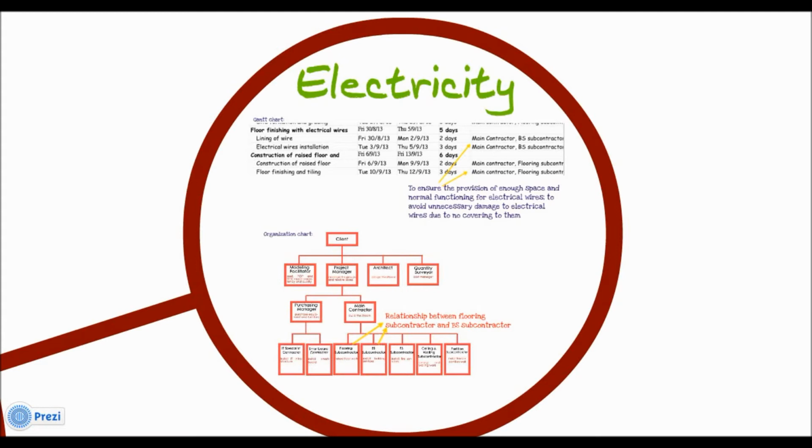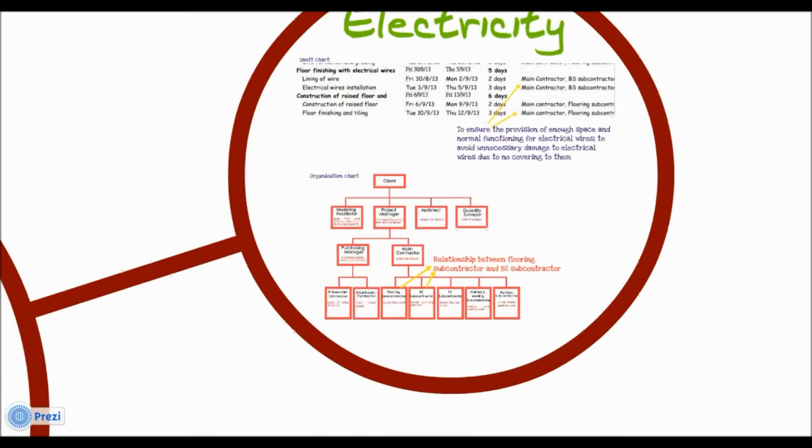Also, this is to avoid too much dust or various particles from accumulating on the electrical wires, which will in turn affect the performance of the electrical wiring system. Once again, as shown in the organization chart, both the building services subcontractor and the flooring subcontractor are under the supervision of the main contractor for higher efficiency of work.